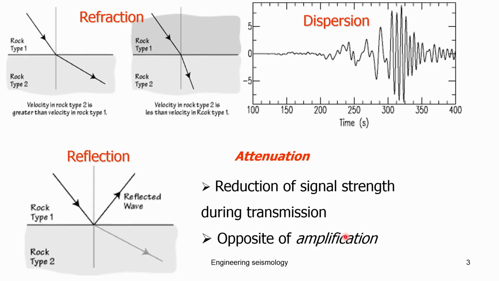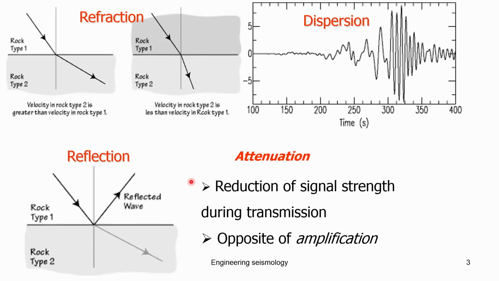The seismic wave travels through rock when it originates. When there is a change from one property of the rock to another, like type 1 rock and type 2 rock, part of the wave gets reflected and part of the wave gets refracted. This phenomenon is called reflection of the wave.